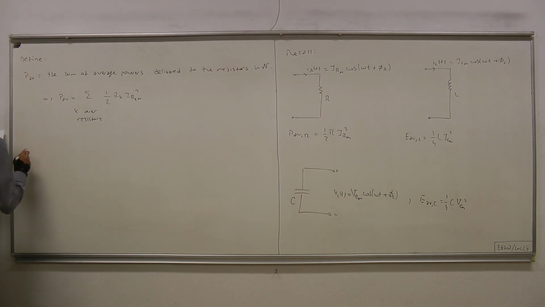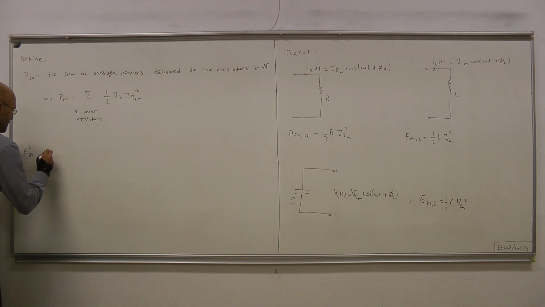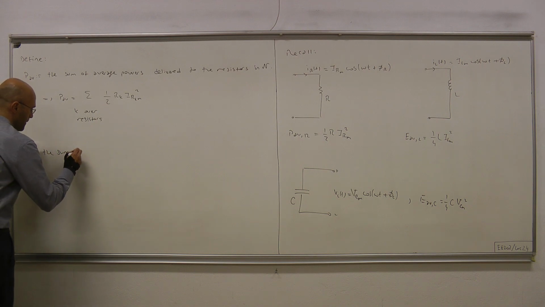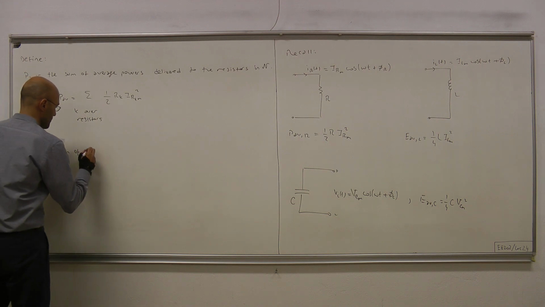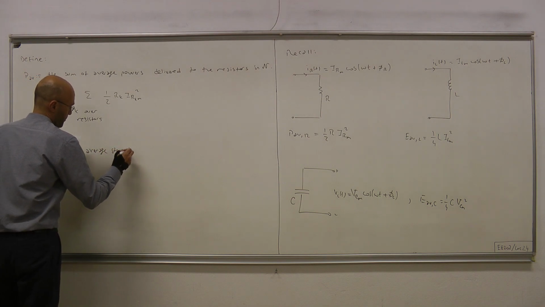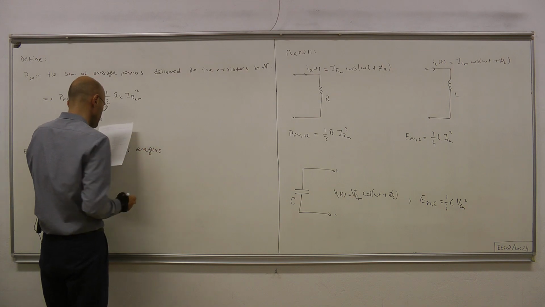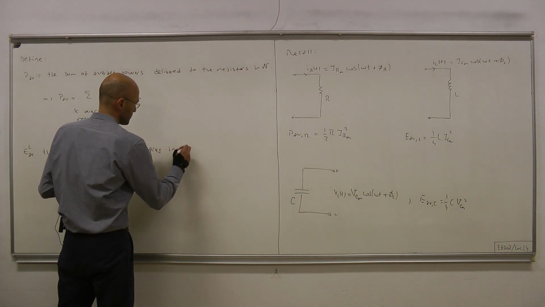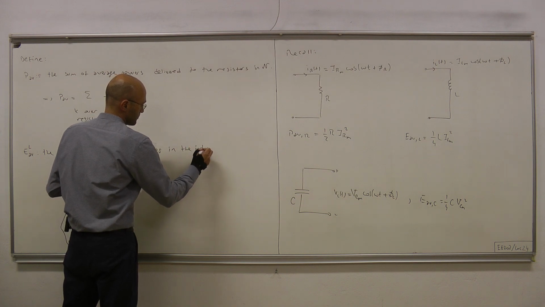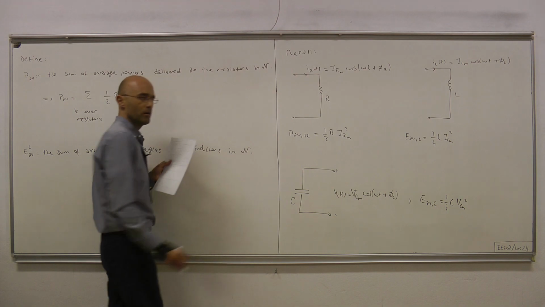The first is E average with superscript L, the sum of average stored energies in the inductors within our one port.